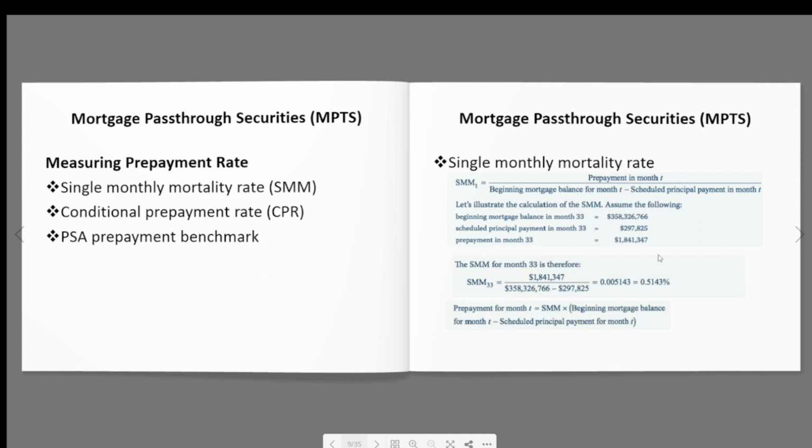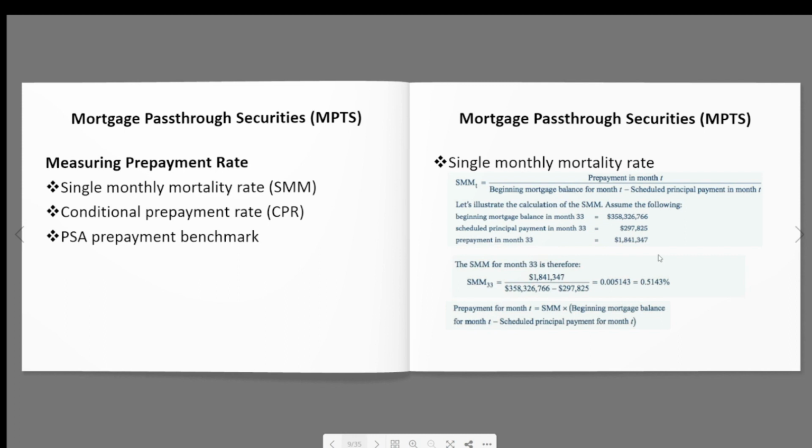We calculate the single monthly mortality rate by dividing the prepayment in month T by the difference of the beginning mortgage balance for month T less the scheduled principal payment in month T. Let's illustrate the calculation of the SMM. Assume the following.